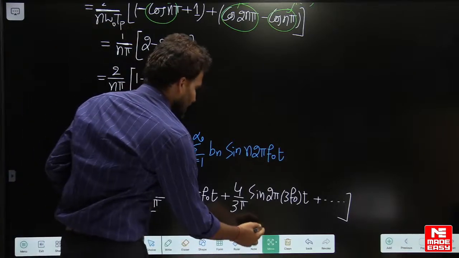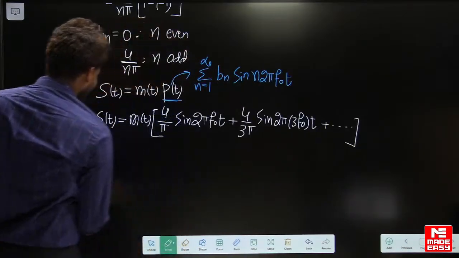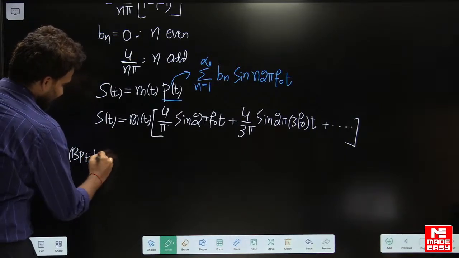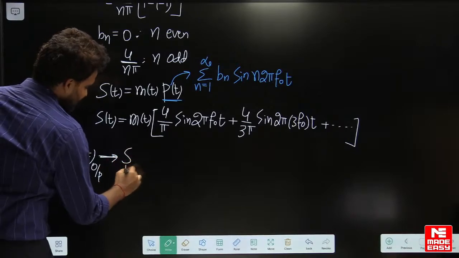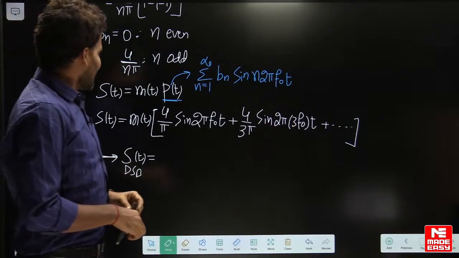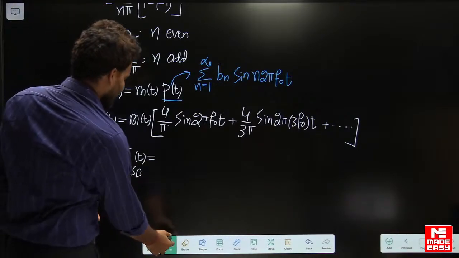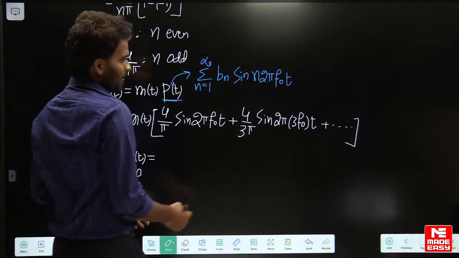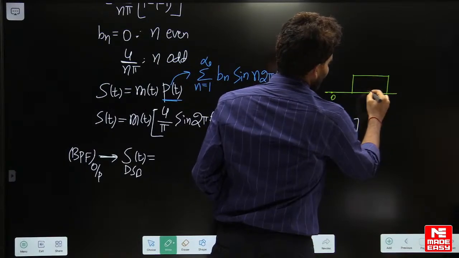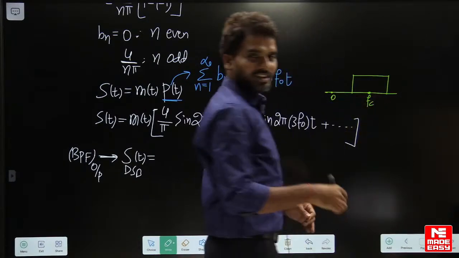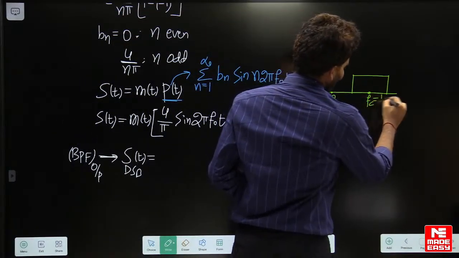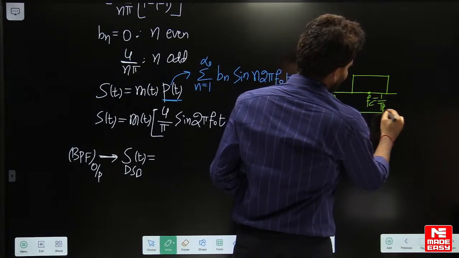Now this is given to a band pass filter. Then what will be the band pass filter output? The band pass filter output is going to be the DSB-SC signal. It is clearly given that the filter, if you recall the filter characteristics, is centered at Fc, Fc meaning 1 by Tp of course, and has a bandwidth of 2 omega.